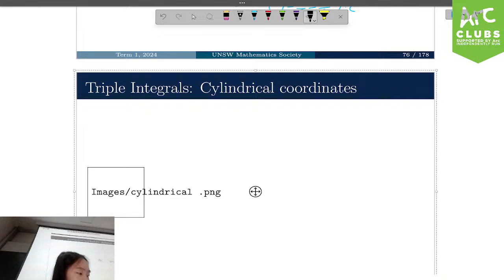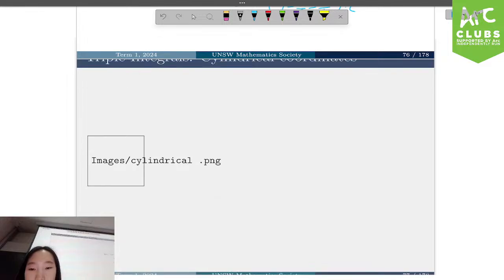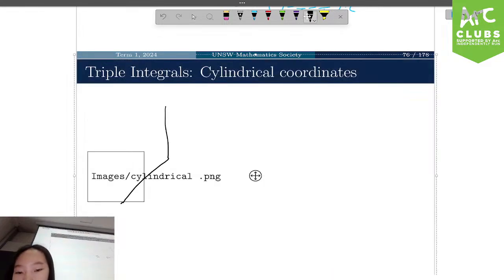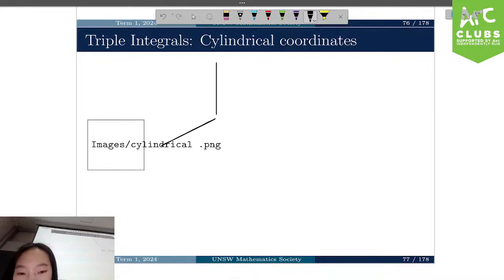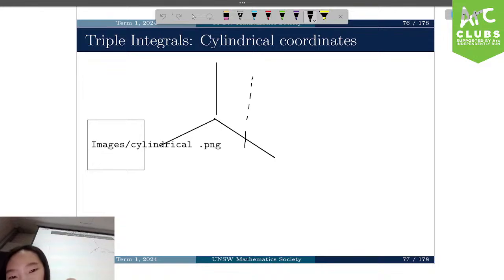So, alright. We have the cylindrical coordinates. So what you can think about is, in our 3D, okay, like that. We have a Z. So this is our Z axis, and here is our r.